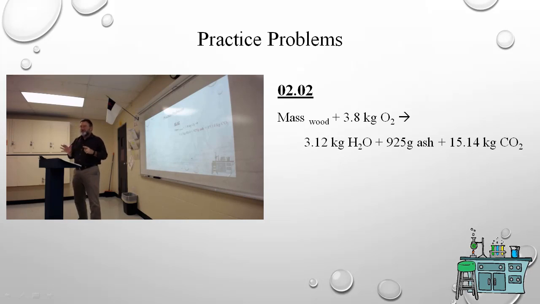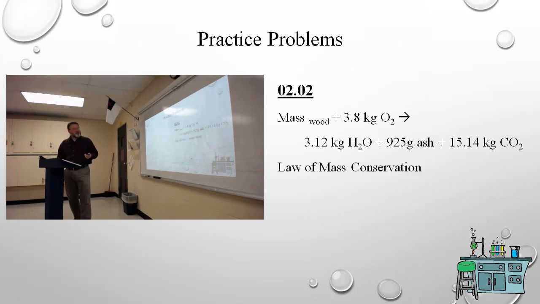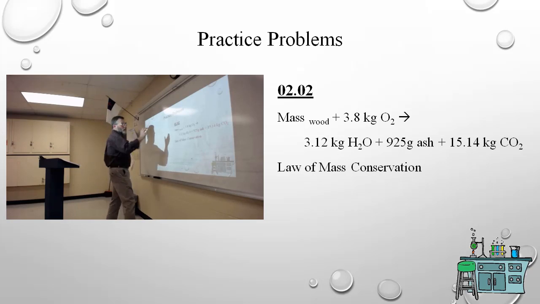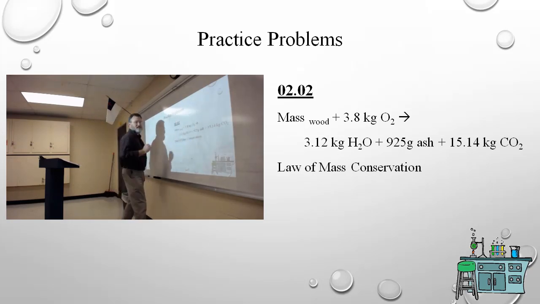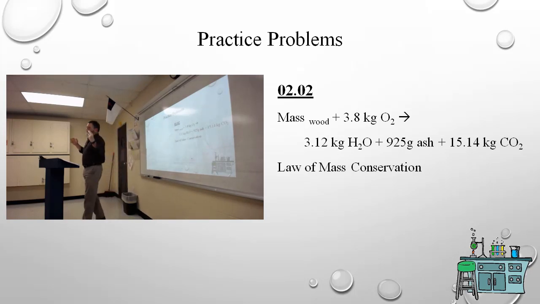Do you see that this is the same principle as the last problem? This is another law of mass conservation, or conservation of mass. So what we're actually driving to is saying, okay, I know that this and this produce these 3 things. So the mass that I start with has to equal the mass that I end with. How do I determine the mass of what I started with?